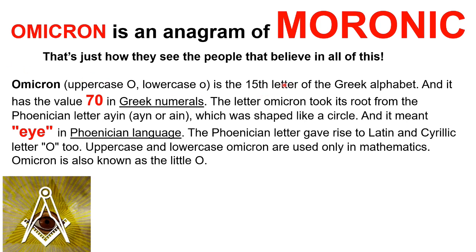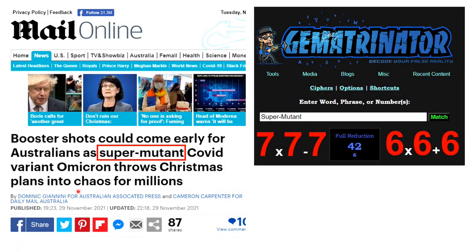But yeah, Omicron has a value of 70 in Greek numerals, and in the Phoenician language it actually meant eye, and of course the all-seeing eye with the Masonic symbol and the pyramid around it. So here you can see booster shots could come early for Australians, a super mutant COVID variant Omicron. So it's a super mutant.